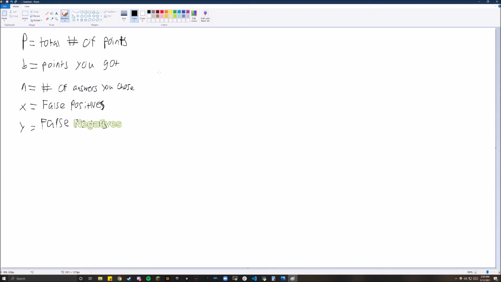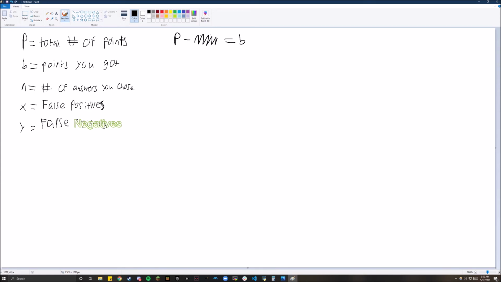All right, so everything stems from this equation. Imagine an equation where you have the total number of points you can possibly get, and then you subtract something, and that's how you got the number of points you got.